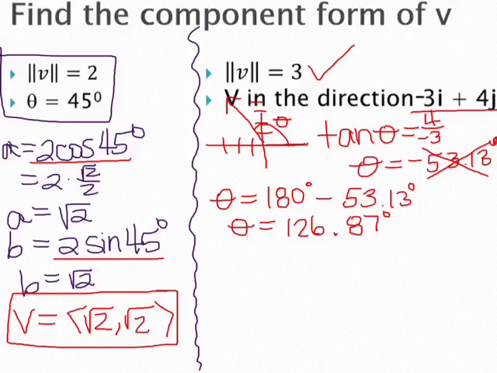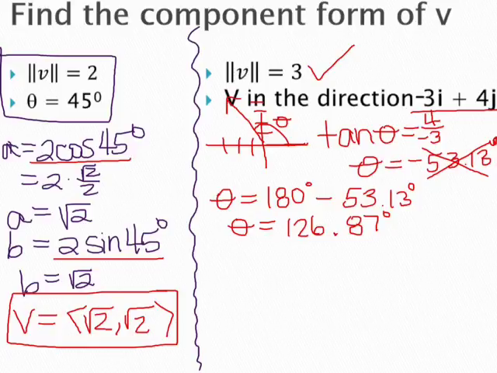In order to find our vector, we're going to now need to take magnitude times the cosine of the angle for the horizontal component and magnitude times the sine of the angle for the vertical component.